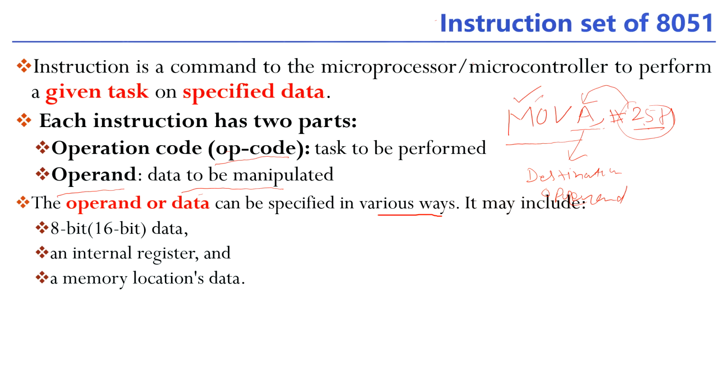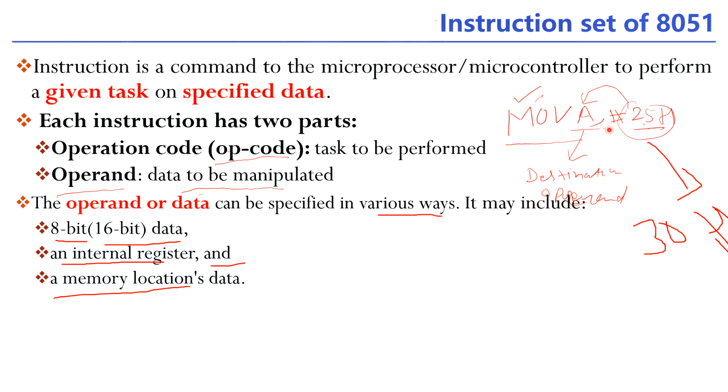Operand or data can be specified in various ways. It may include 8-bit or 16-bit data, an internal register, and memory locations. So we can use anything as an operand here. Suppose we are using 30H. Suppose we are not using the H sign here, we can take a pointer.